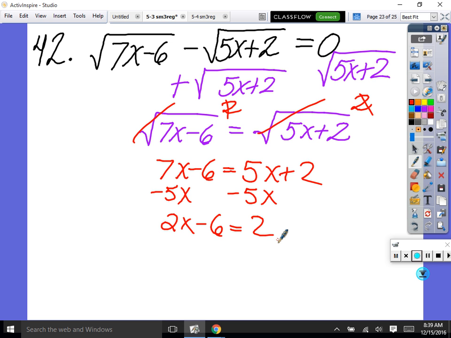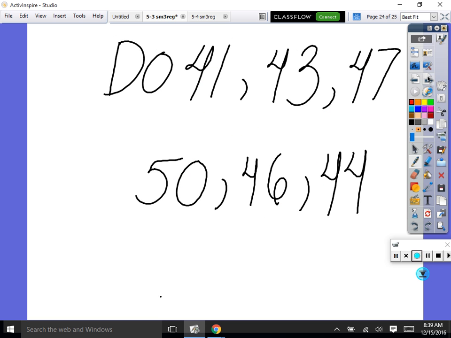So we'd add 6. 2x equals 8. So x equals 4, and we would check it. So x equals 4 works. We would check it by plugging it back in, and when we do, we should get 0. So right now you can do 41, 43, 47, 50, 46, and 44.